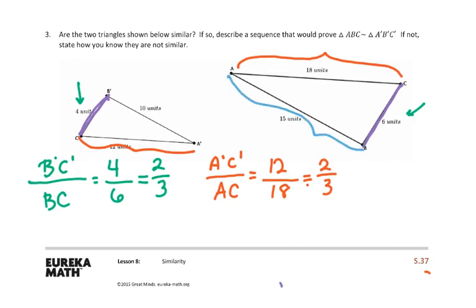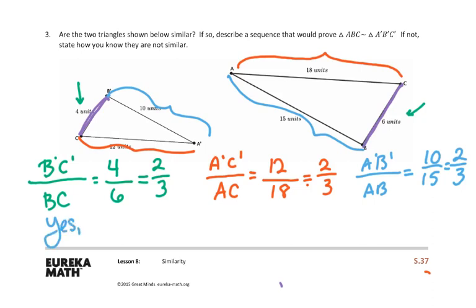And AB and A prime, B prime would be our last side to see the relationship for. And that would be 10 over 15. Both can be divided by 5. So we have 2/3. So yes, these are similar because the sides have the same scale factor of 2/3.